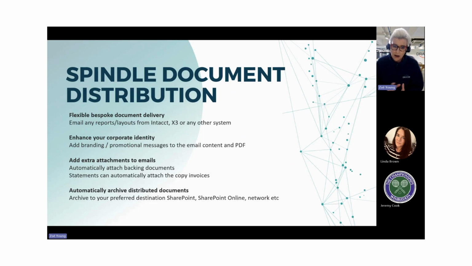Now, we can archive in a destination of your choice, whether that's SharePoint, SharePoint Online, somewhere on your network. So it can automatically archive in any of those areas, but not only that, also create the file structure as well. So there is nothing for the end user to then do.